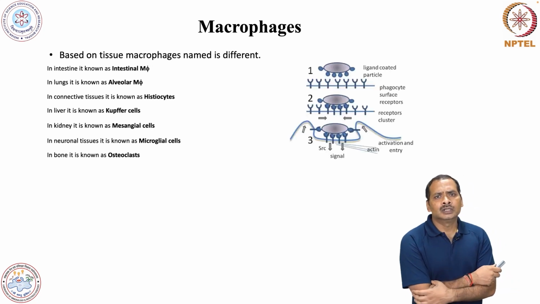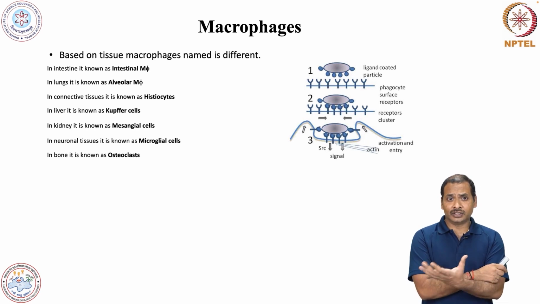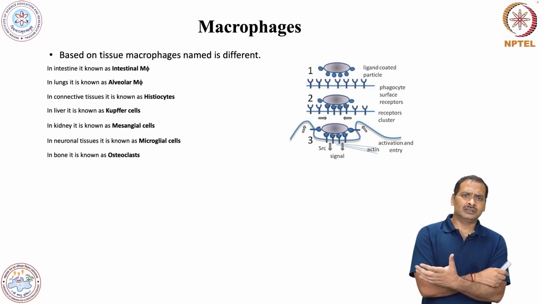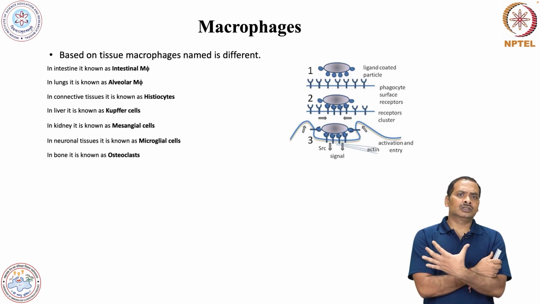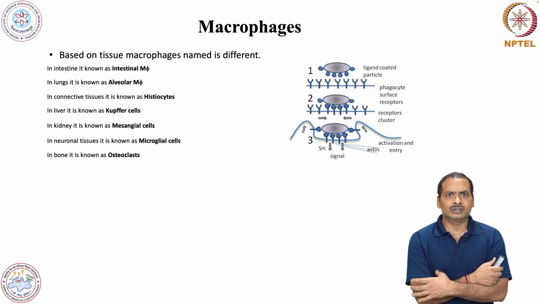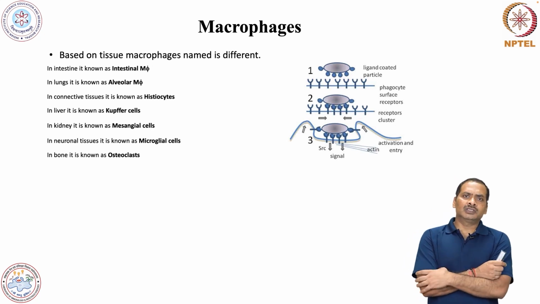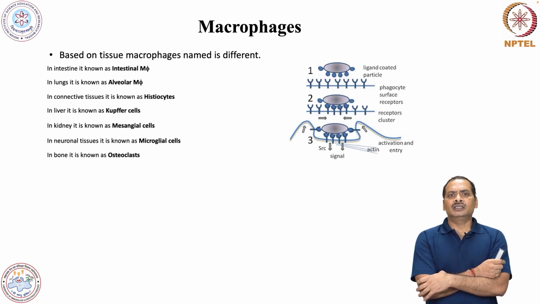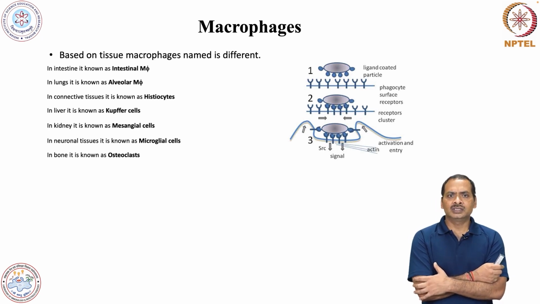So how do macrophages phagocytose? As I told you, when a pathogen or a bead comes in contact, here you can see a bead coated with some ligand, and there are receptors for it on the macrophage.